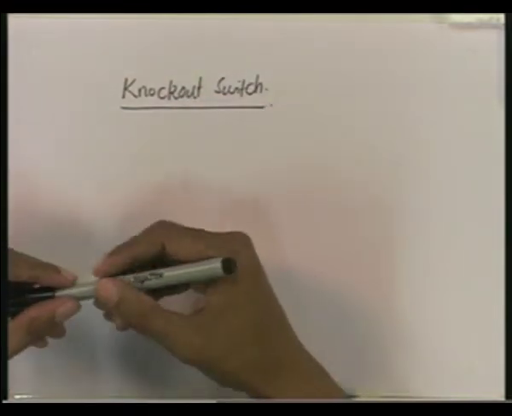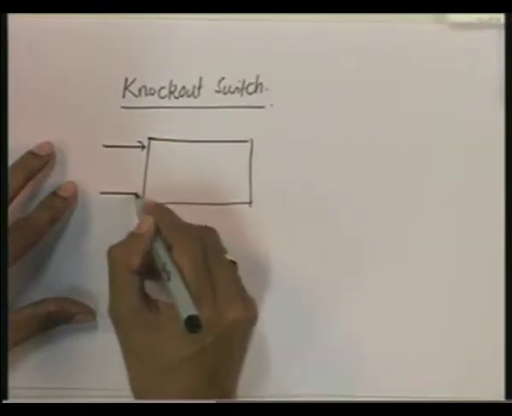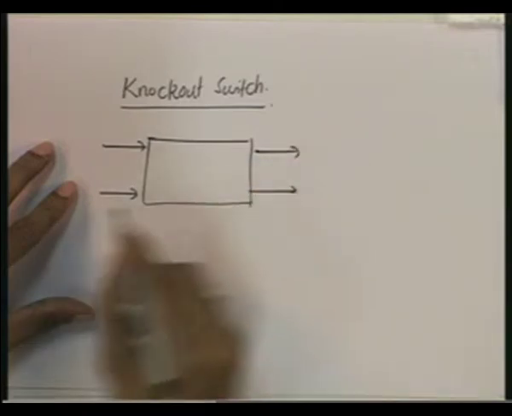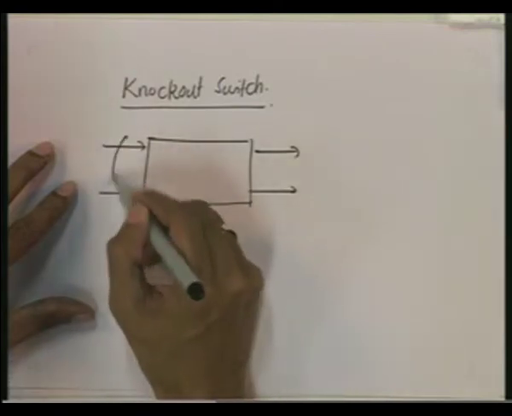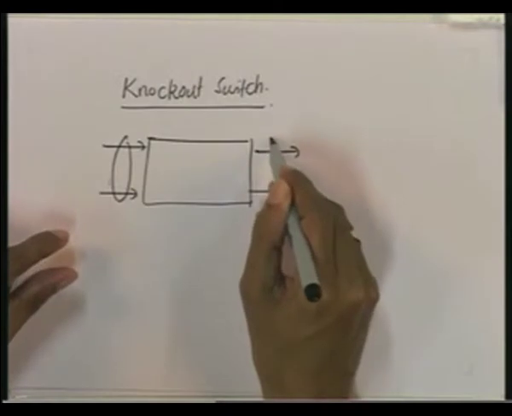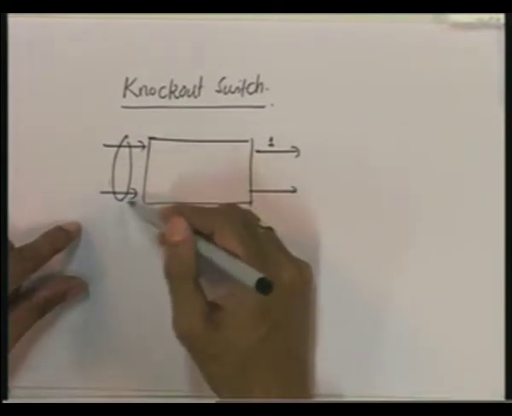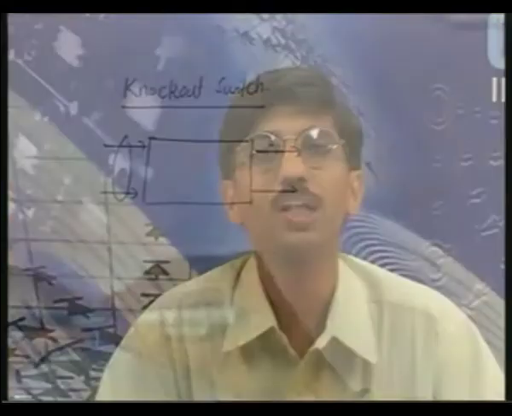Now, the basic idea of the knockout switch is that typically, if you really see what would be the worst case for the HOL blocking in an n cross n switch, the worst case would be that all the n input ports have a packet which is meant for a particular output port. Okay. So, let us say output port 1, all the n input ports want to send a packet to the output port 1. Now, this is really a pathological case. In practice, this is not likely to happen.